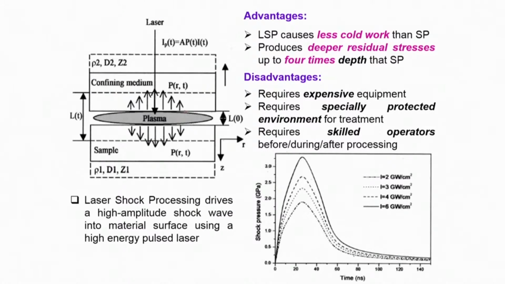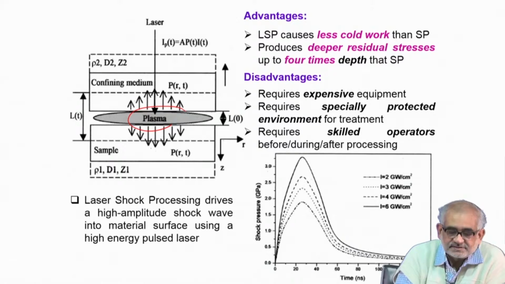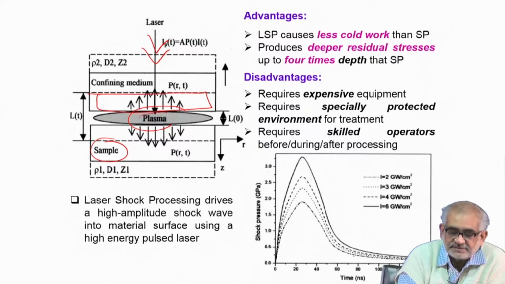So this is what I was talking about: this is the sample, and this is the film that you have, which is going to vaporize because of the irradiation of the laser coming from the top. The immediate vaporization can create a very transient, very short-living plasma.